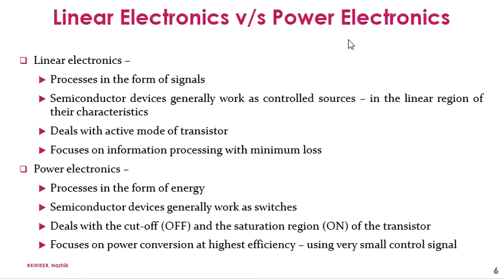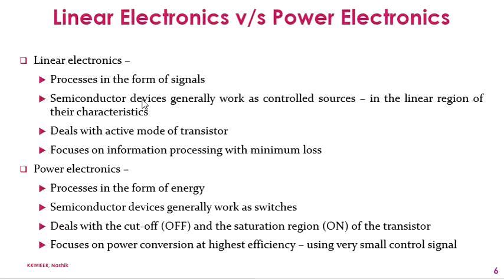Now we will see how power electronics differs from linear electronics. Linear electronics processes in the form of signals, whereas power electronics processes in the form of energy, that is power. Semiconductor devices generally work as controlled sources in the linear region of their characteristics, whereas in power electronics, semiconductor devices generally work as switches.